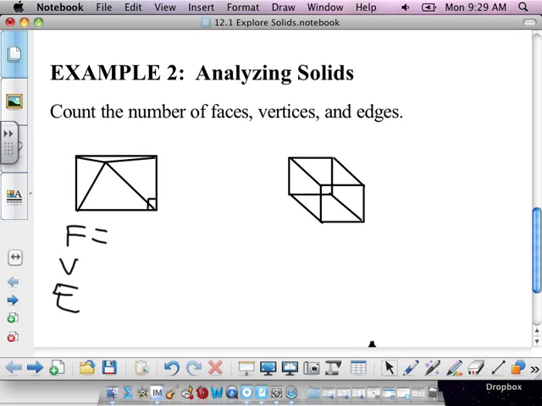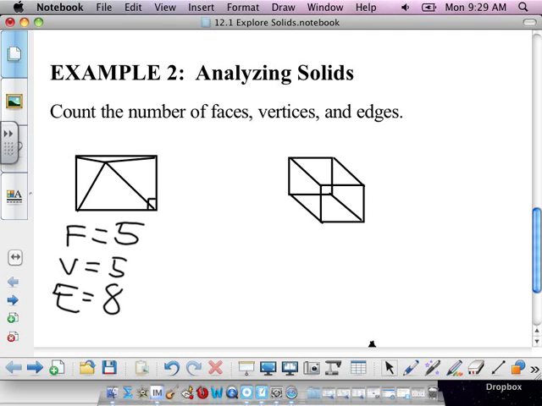Okay, so if we're looking at our square bottom pyramid, we've got 1, 2, 3, 4, 5 faces. Vertices, how many points do we have? 5, good. And edges, we've got 1, 2, 3, 4, 5, 6, 7, 8.